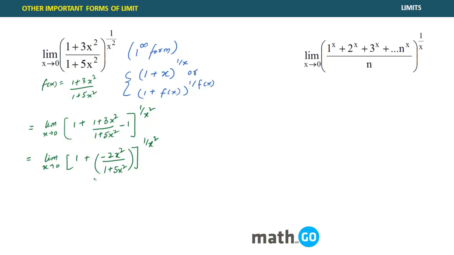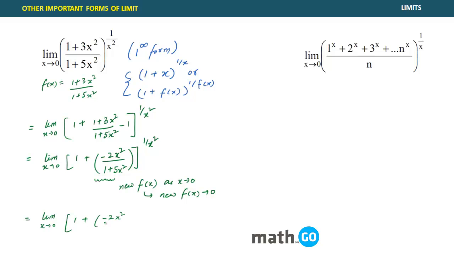Okay. Now if this is your new f(x), what is the value of f(x) as x tends towards 0? Yes, this new f(x) is going towards 0. So that means this becomes a 1 raised to power infinity form. But what you required for this to be valid, let me rewrite it again for you.